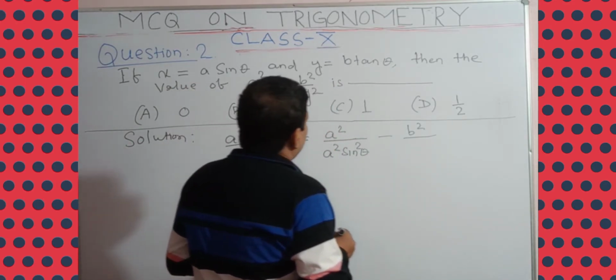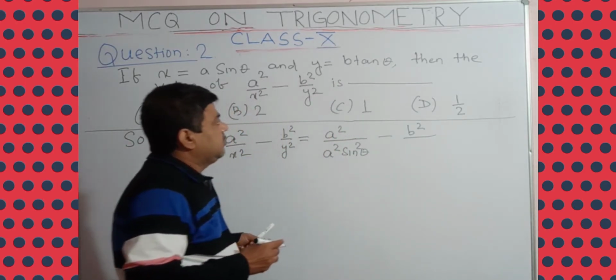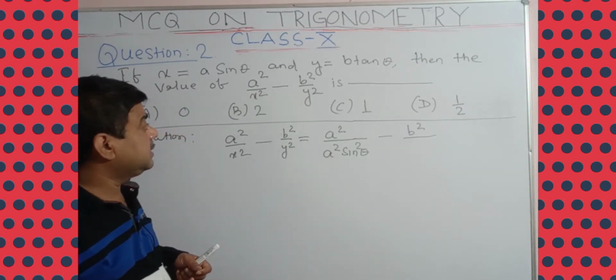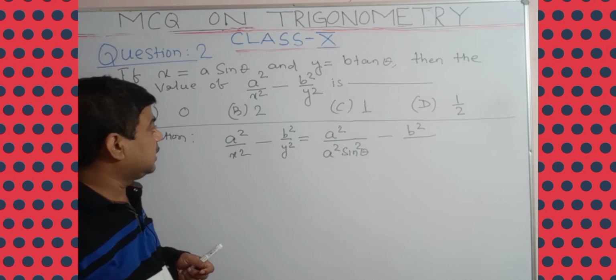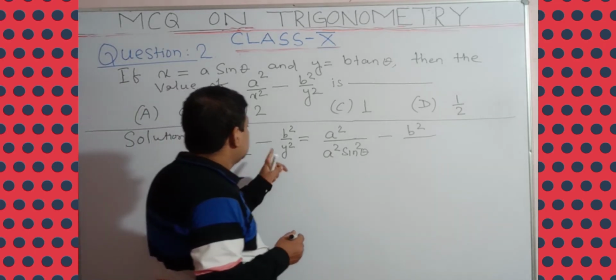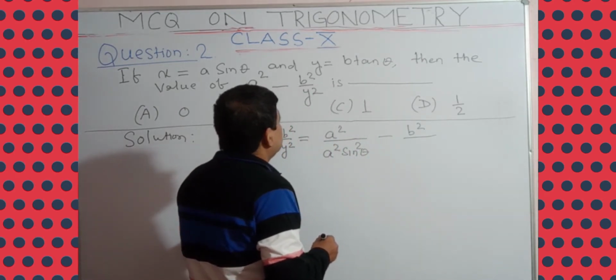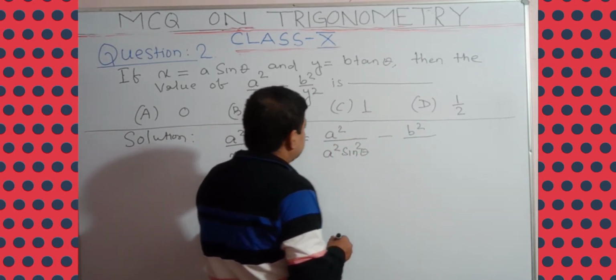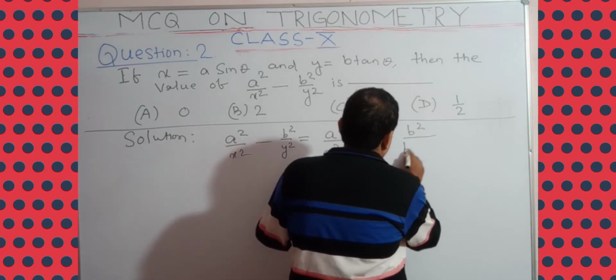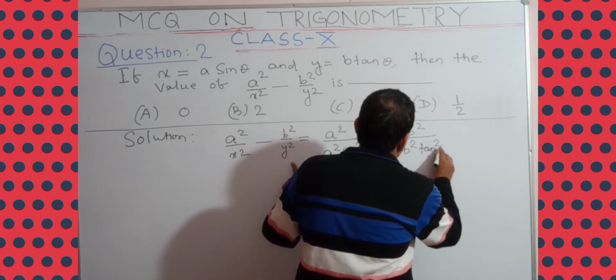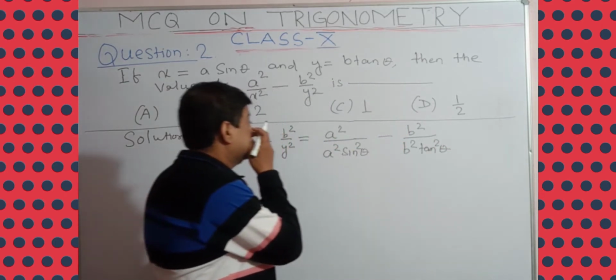The value of y given is b tan theta. So in place of y square I can write b square tan square theta. Can I write?